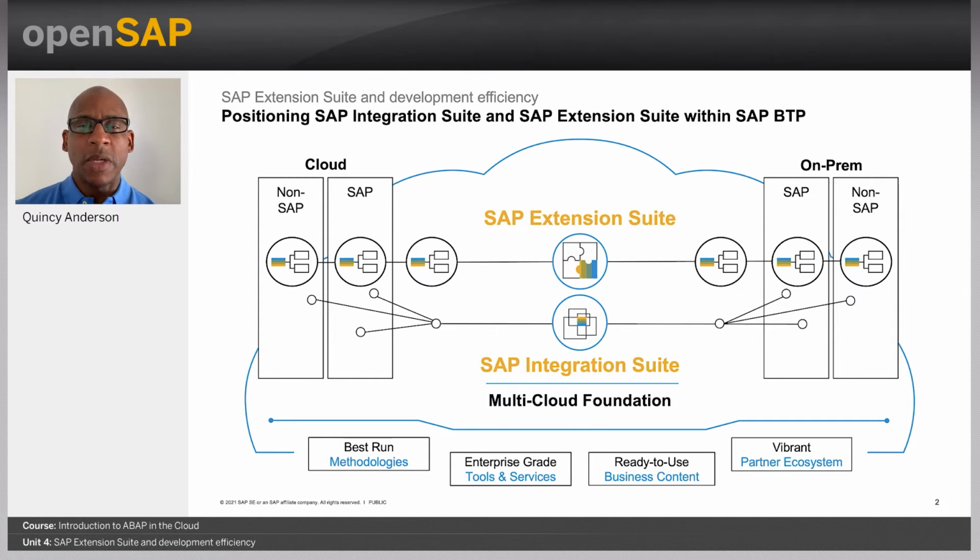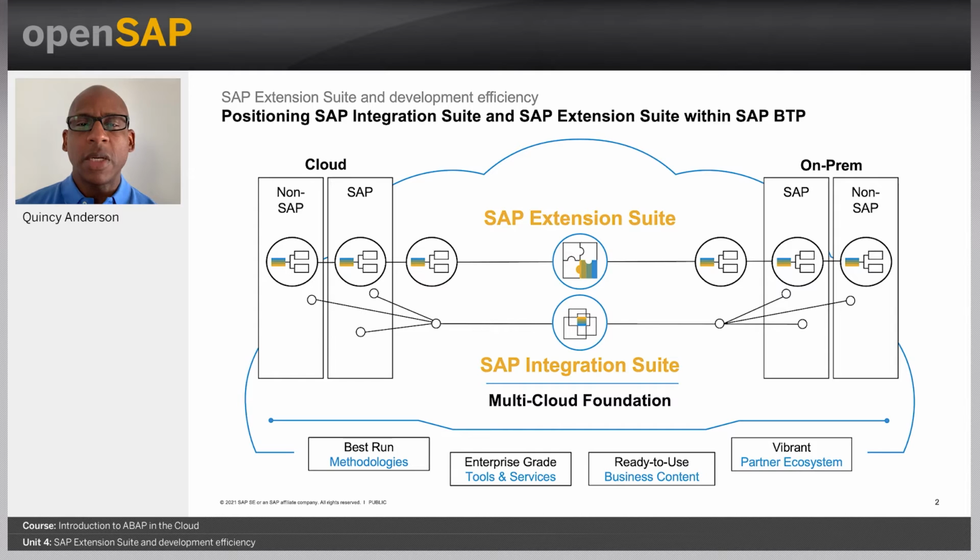SAP Extension Suite bundles together specific tools, services, and technologies for both new application development and also for the development of side-by-side extensions, as we discussed in Unit 2. Likewise, SAP Integration Suite bundles together specific tools, services, and technologies to seamlessly integrate on-premise and cloud-based applications and processes using both customer-created and also SAP-created content.